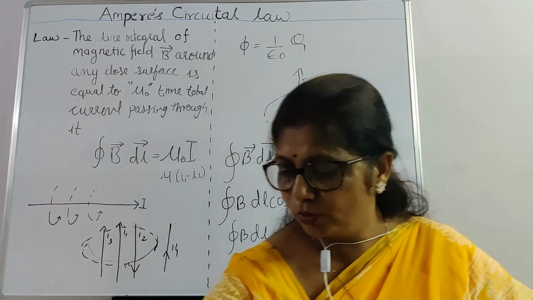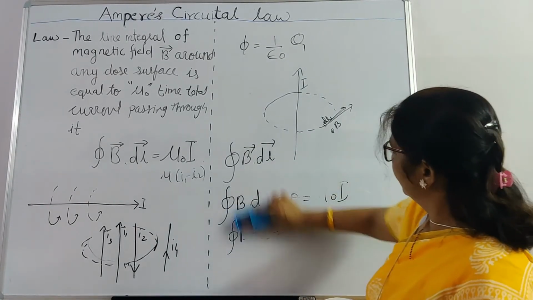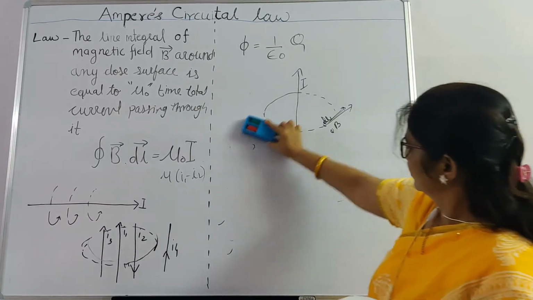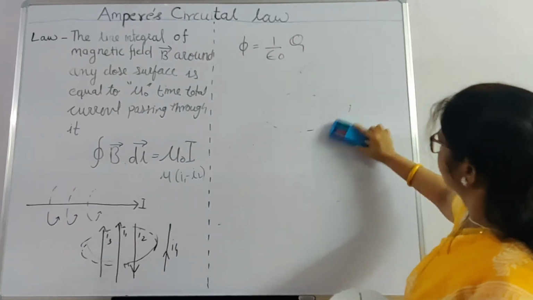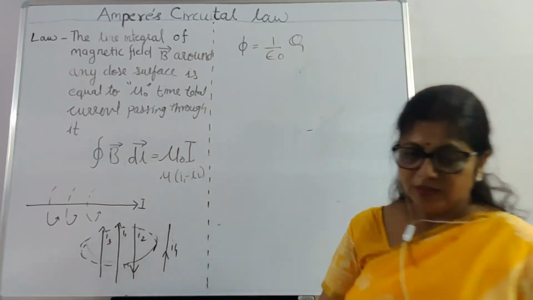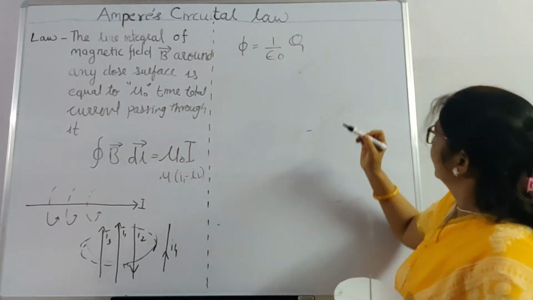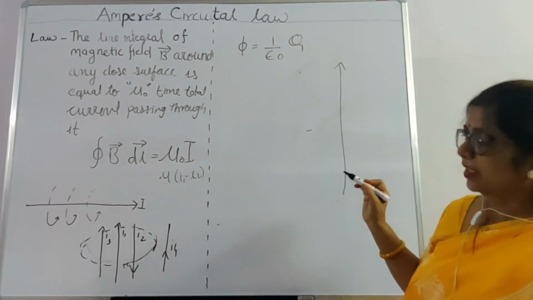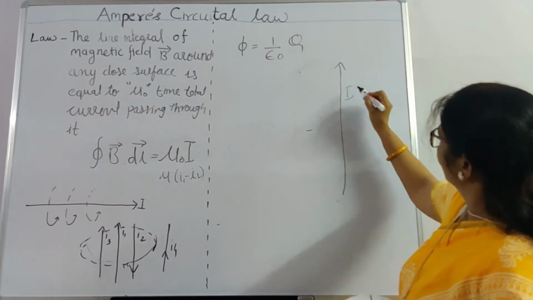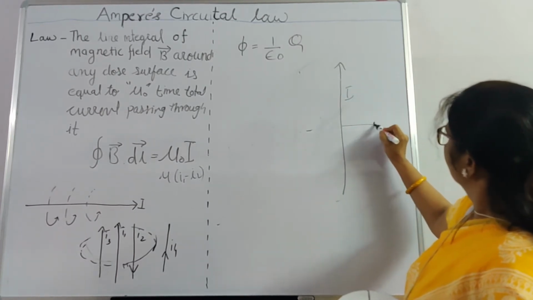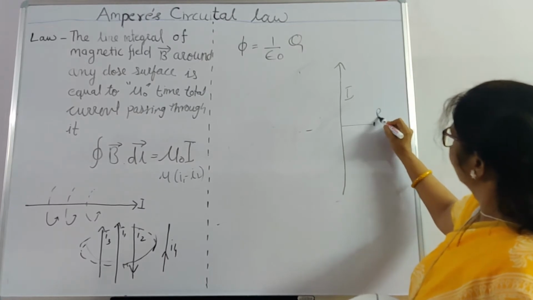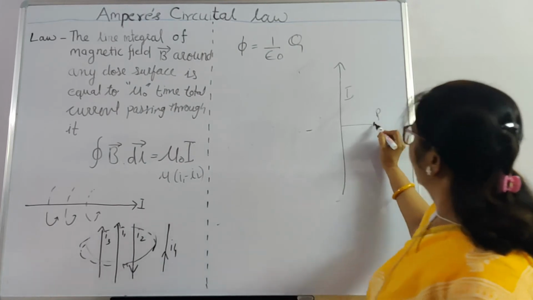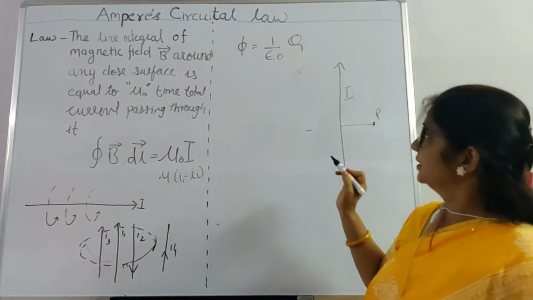To prove this, we go to the last video. Suppose we have an infinite line current carrying conductor, and current I is flowing through this, and we have to find out the magnetic field intensity due to this infinite line current carrying conductor at point P. What is that intensity?